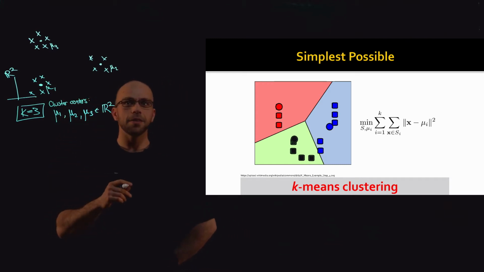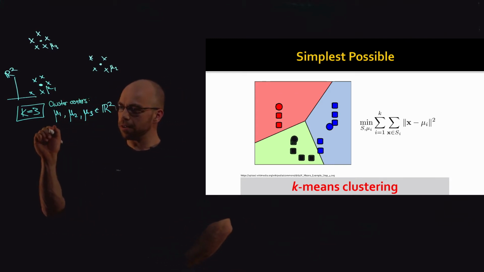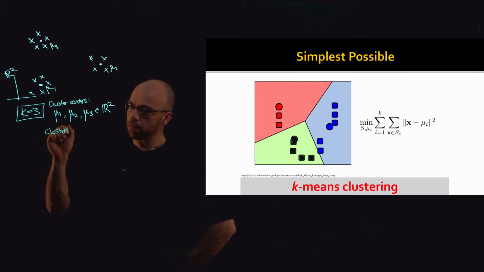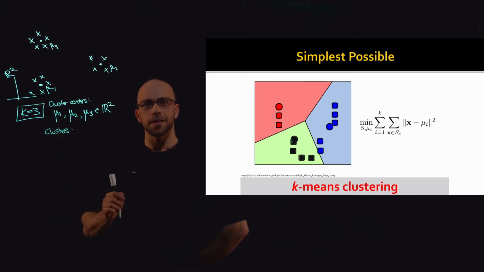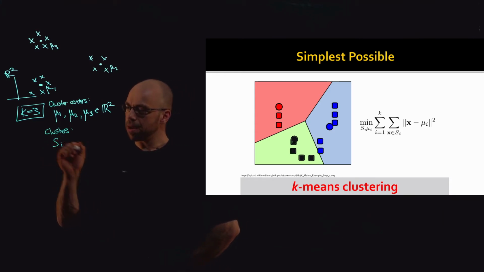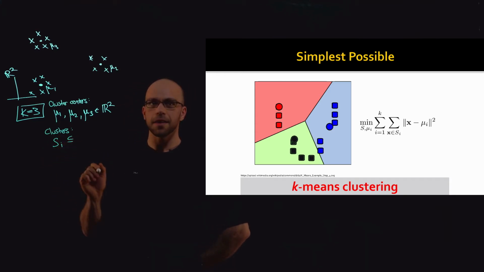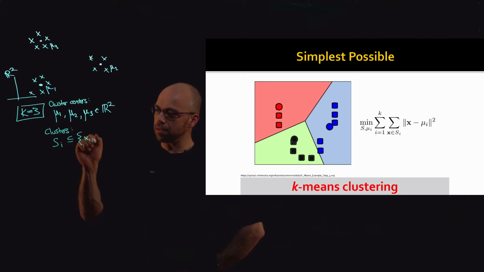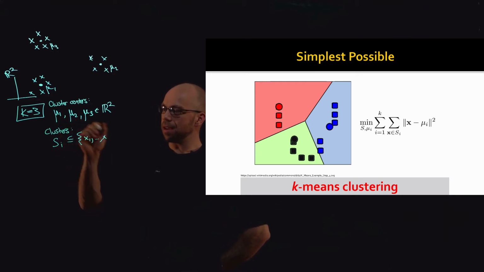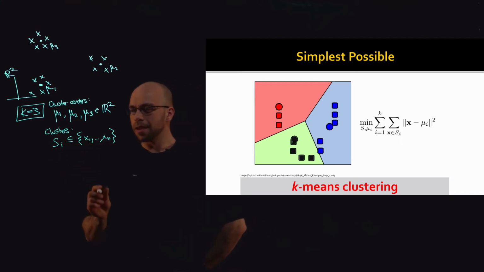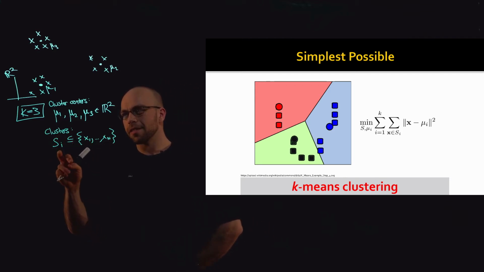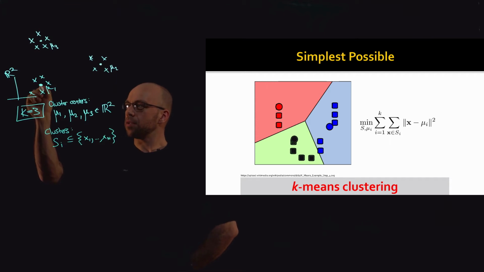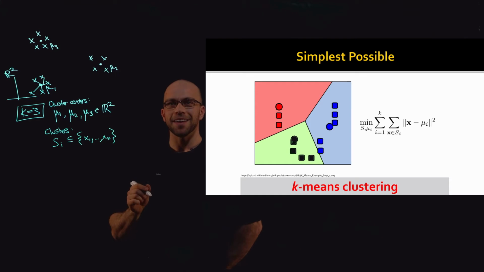And then the other thing that we have to optimize for are the clusters. The cluster is basically S sub I, which is going to be some subset of my data set. So maybe I have big N data points, where I can think of cluster S sub I as all of the points which are closer to cluster center I than to any of the other ones.